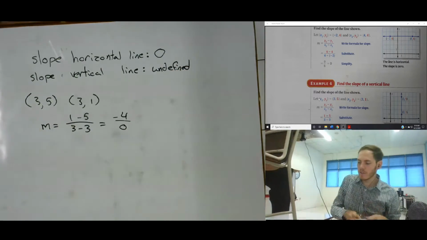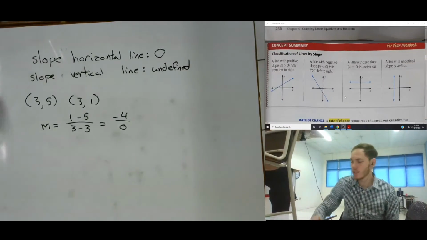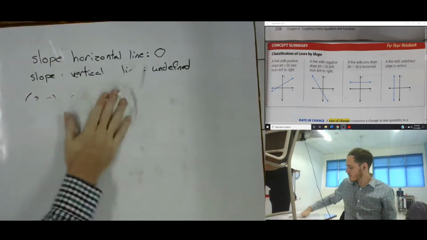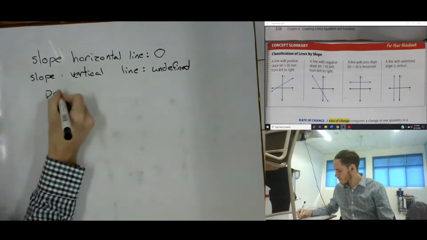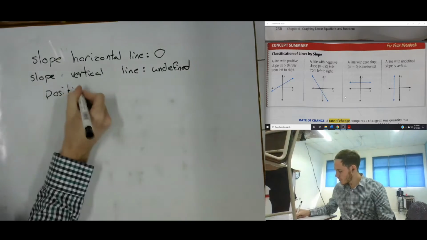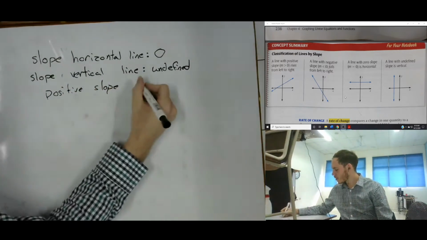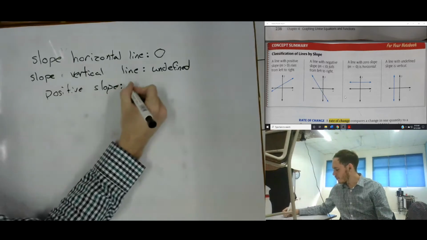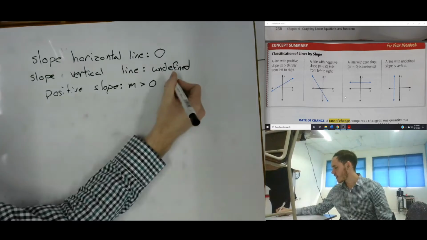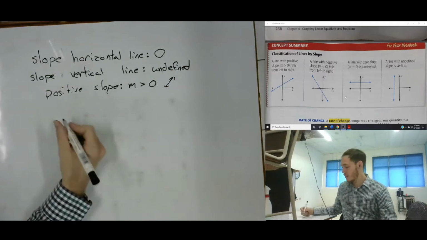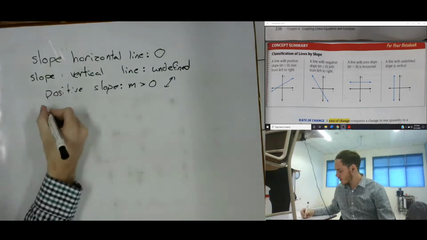So there are a few more. This is just a summary of all the slopes. A positive slope is when m is greater than 0, and this gives us a line that's going up, kind of like climbing up a mountain.